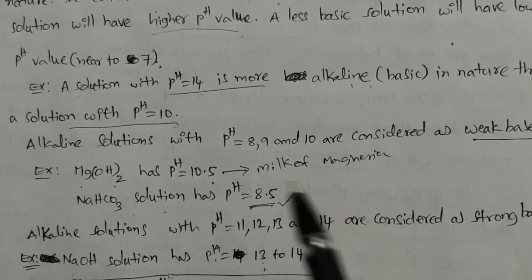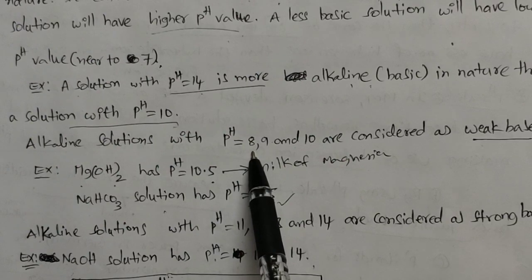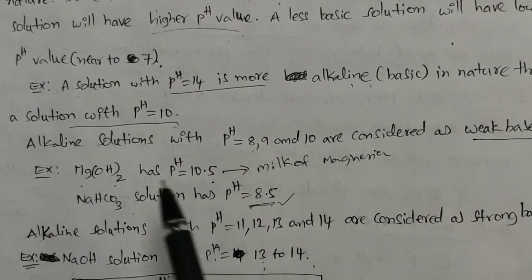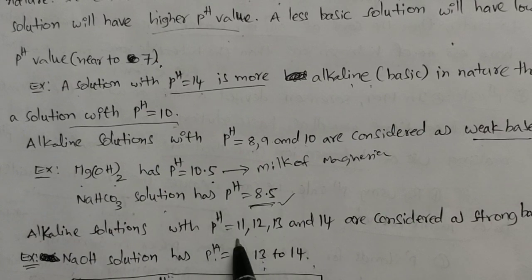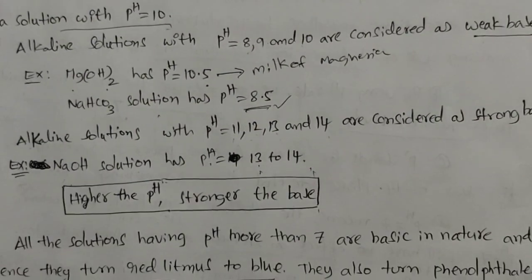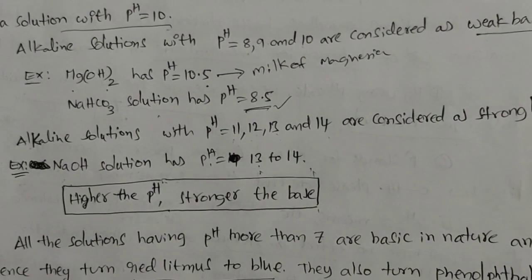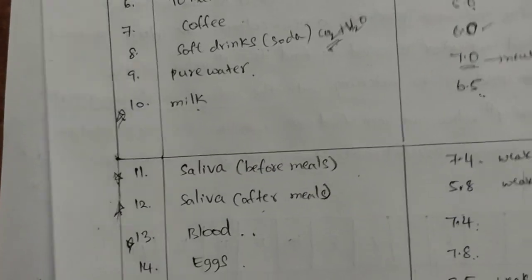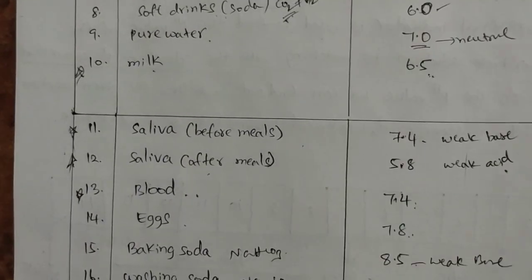So among alkaline solutions, pH 7, 8, 9, 10 are said to be weak bases, and pH 11, 12, 13, 14 are said to be strong bases. So the higher the pH, the stronger the base. Substances having basic nature turn red litmus to blue.